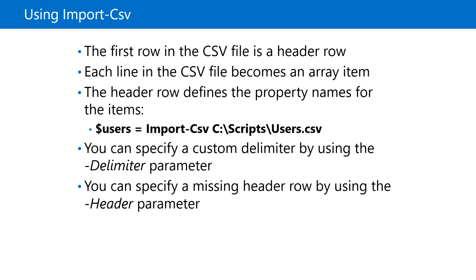The first row is the header row, which will be used to name the properties of each item in the array. This is the syntax for Import-CSV, and we'll see an example for that as well.